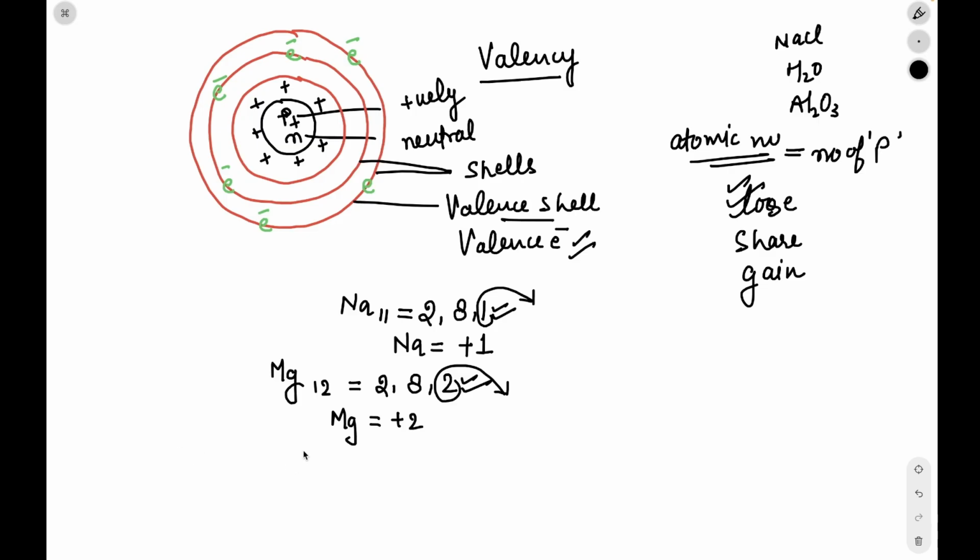Let's take another example, aluminium. Aluminium has atomic number 13 and its electronic configuration will be 2, 8, 3. There are 3 valence electrons and to get stability it tends to lose all 3 electrons, and the valency will be plus 3.